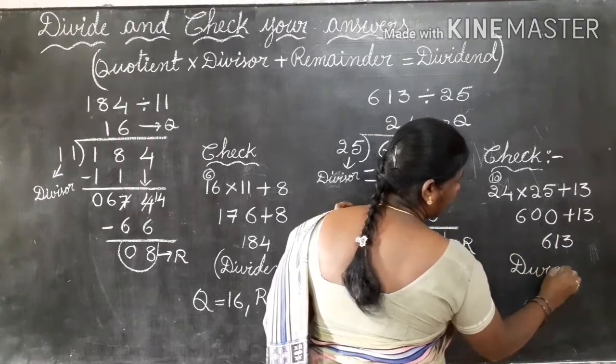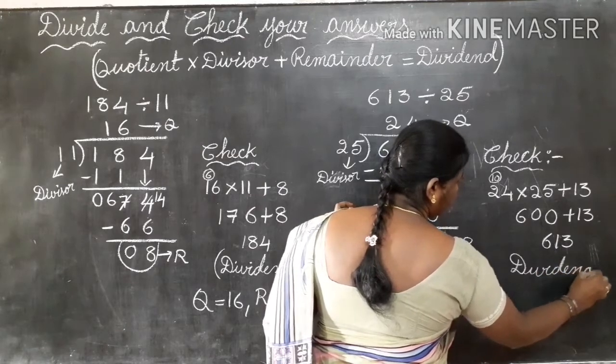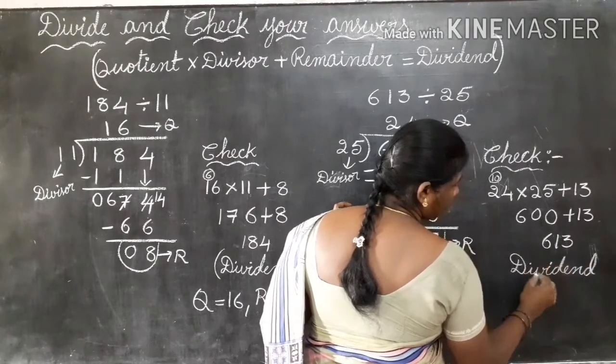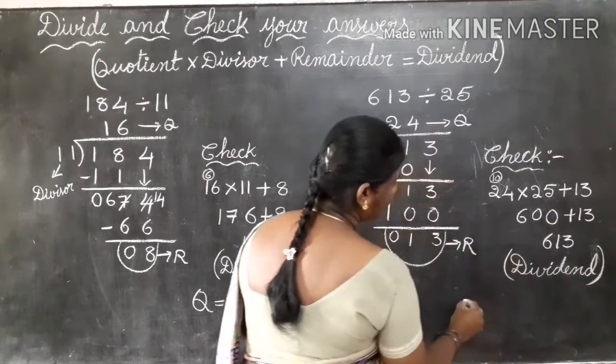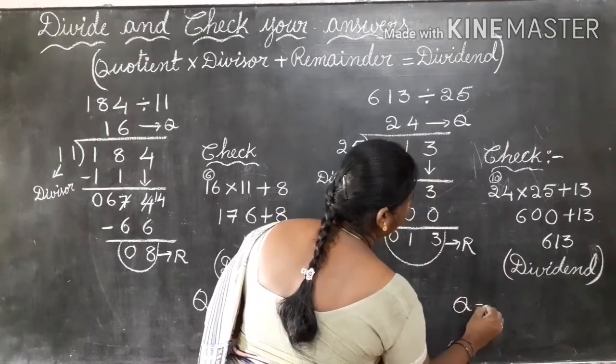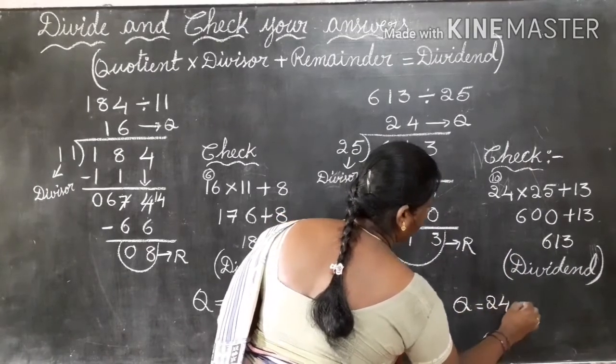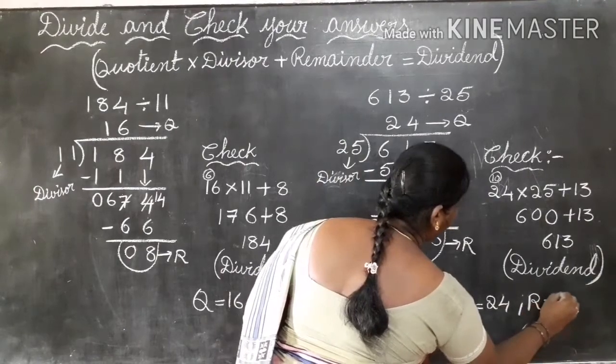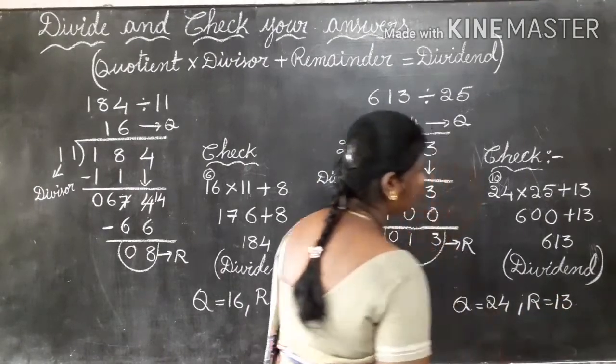It is the dividend. So in this, quotient is equal to 24. Remainder is equal to 13.